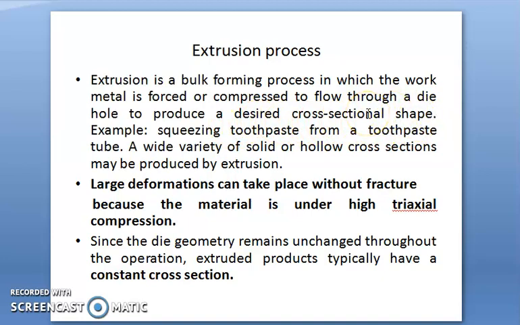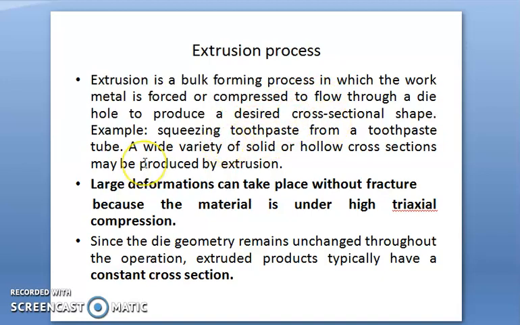See, a block of metal, which is called a billet, is reduced in cross-section by forcing it through a die of desired cross-section under high pressure. Here we use a compressive force to press the metal.